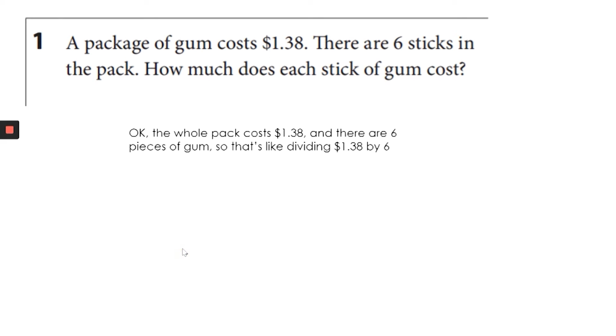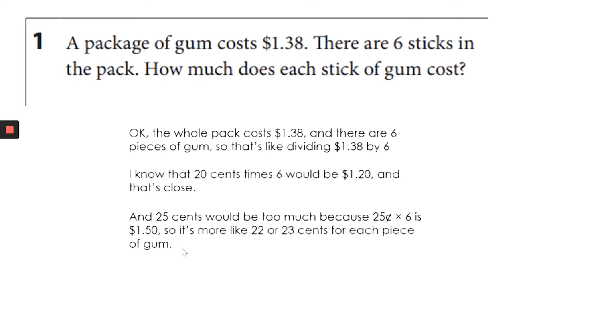Okay, so the whole pack costs $1.38, and there are 6 pieces of gum, so that's like dividing $1.38 by 6. So that should be your expression. I know that 20 cents times 6 would be $1.20, and that's pretty close. But 25 cents would be too much because 25 cents times 6 is $1.50.